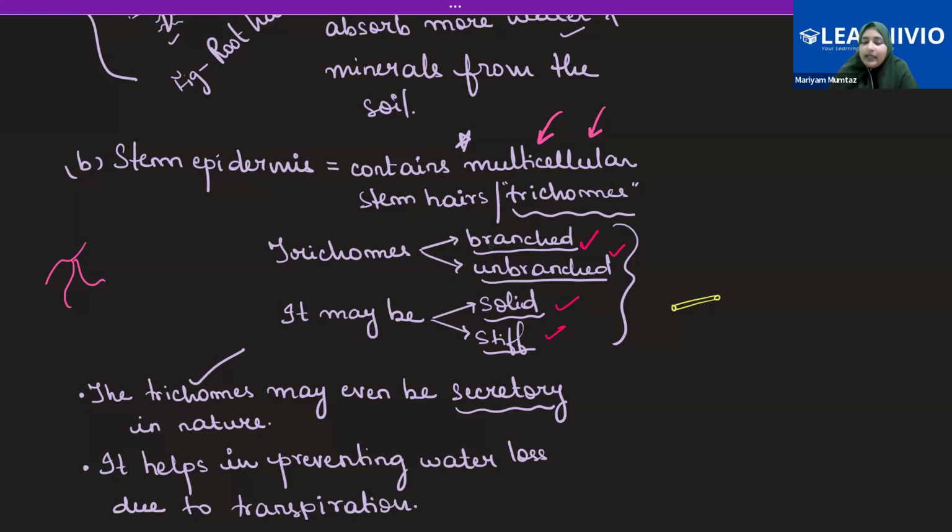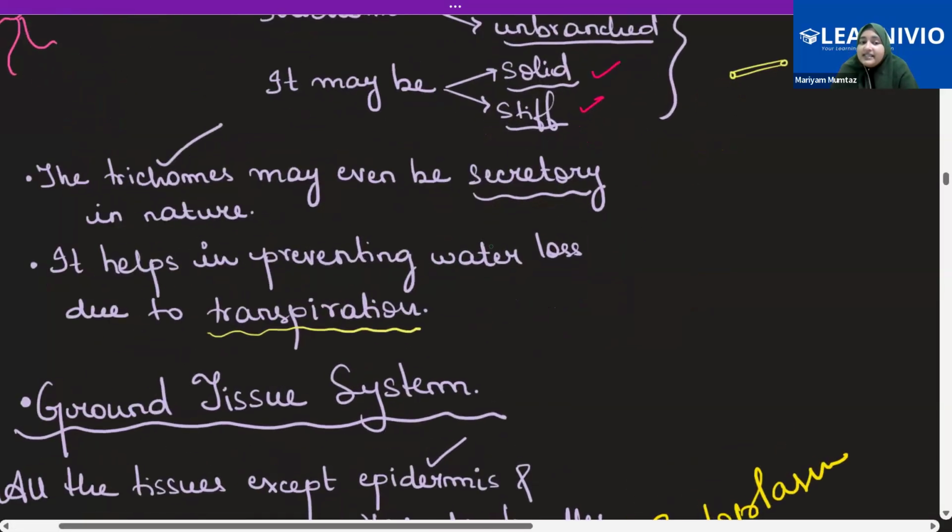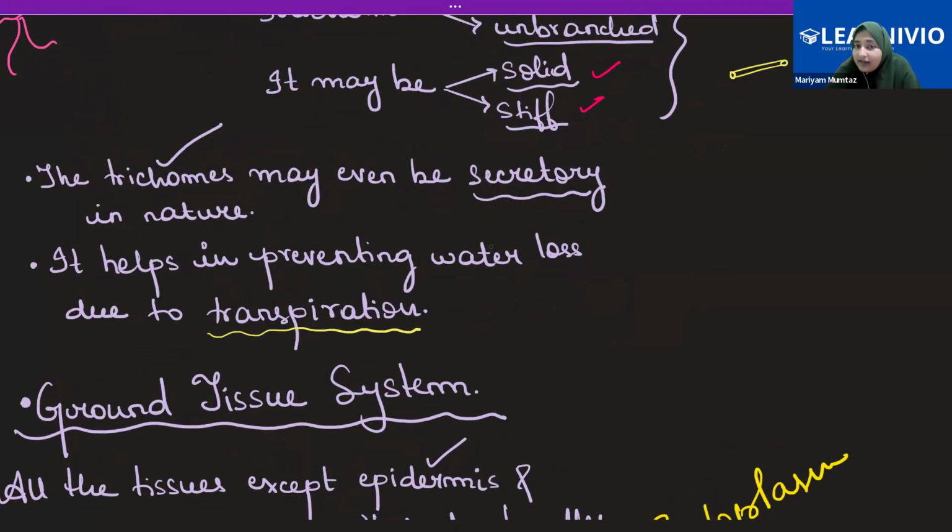The nature can vary depending upon the plant. Sometimes the trichomes are even secretory in nature. Secretory means they secrete some substances, maybe some sort of bacteria attracting chemicals, maybe some sort of bacteria resisting chemicals. Those kinds of chemicals can be secreted by trichomes.